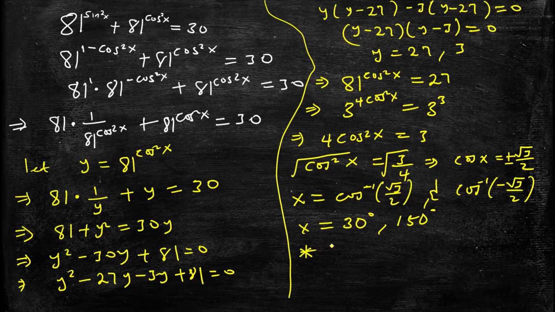So let's write this as 3 to the power 4 cos squared x, the same as 3 to the power 1. Therefore 4 cos squared x equals 1.